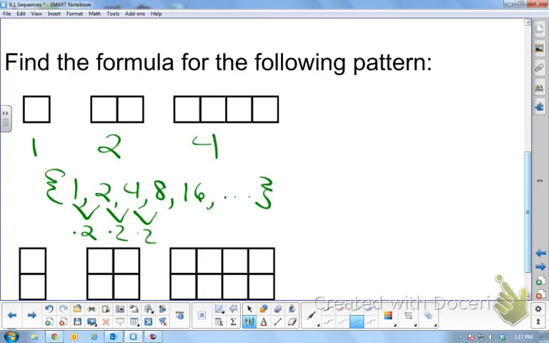We could also check what we add by as well. And actually something kind of fun happens when you check what you add by. What do we add by for the first one? 1. What do we add by for the second one? 2. 4.